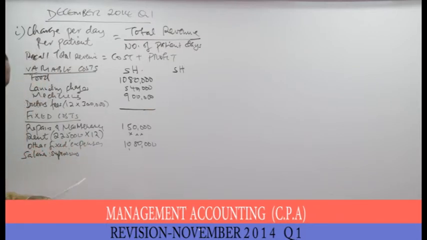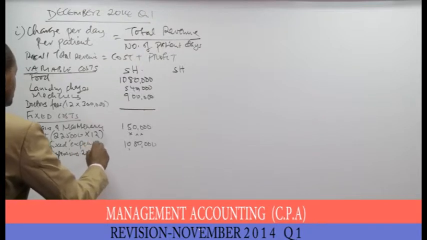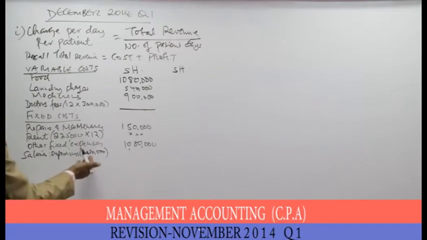From this question we are told supervisors are paid 30,000 per month, and there are two supervisors. So the salaries for supervisors for 1 month is 2 times 30,000. That is the salary for the two supervisors per month.